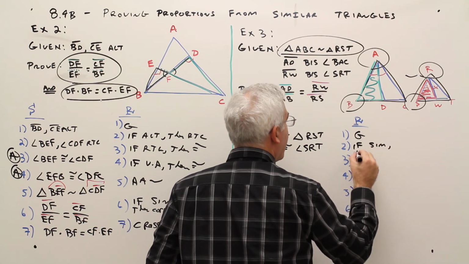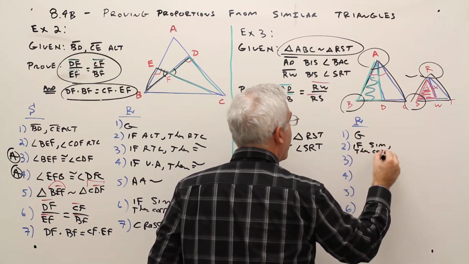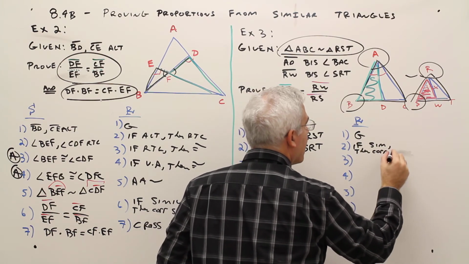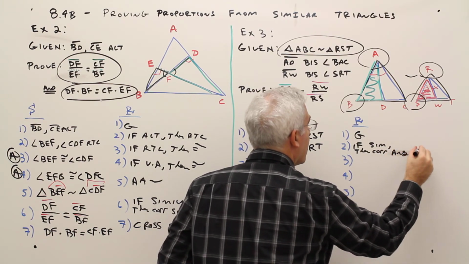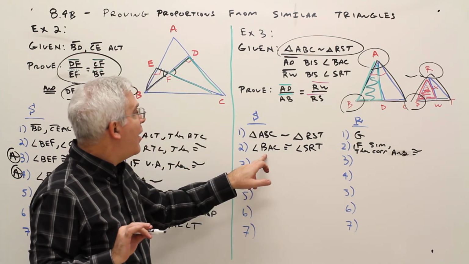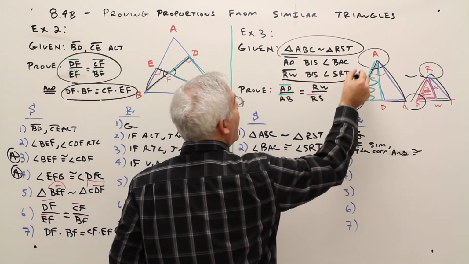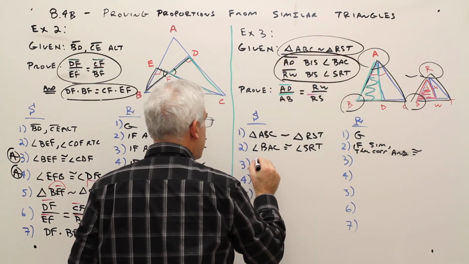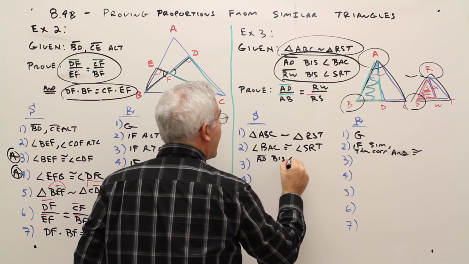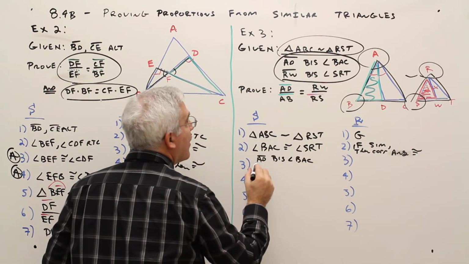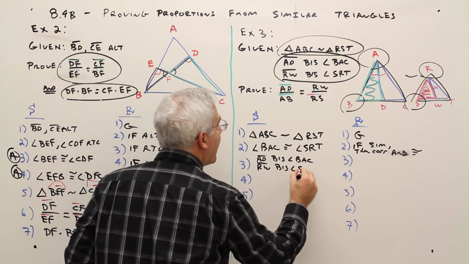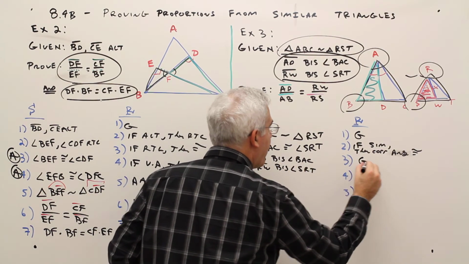If similar, then corresponding angles congruent. Okay, angles congruent, sides proportional. Then I'm going to list this stuff right here. AD bisects angle BAC. RW bisects angle SRT. That was given.